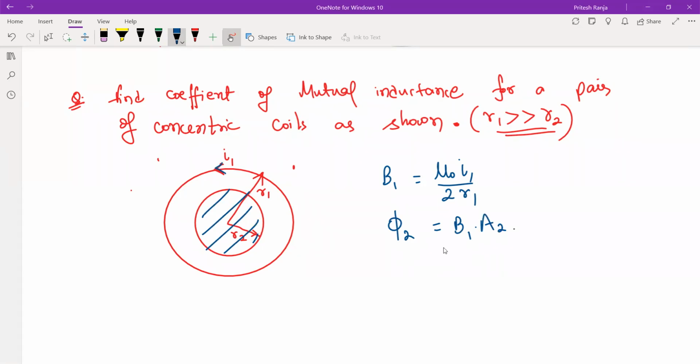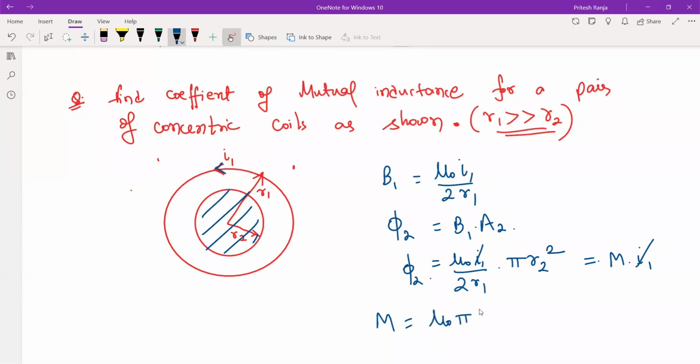So flux 2 is mu naught I1 by 2R1 into area 2, which is pi R2 square. Once we have the flux, we can equate it with mutual inductance into current I1. Cutting I1, we get the mutual inductance as mu naught pi R2 square by 2R1.